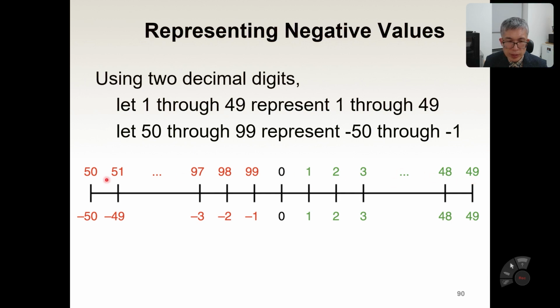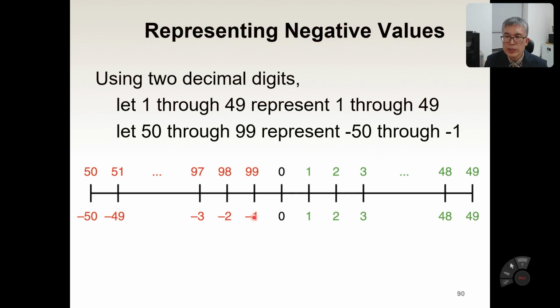On the other hand, 50, 51, and so on up to 99 are negative. So semantically, 50 is minus 50, 51 is minus 49, and so on, 97 is minus 3, 98 is minus 2, 99 is minus 1.